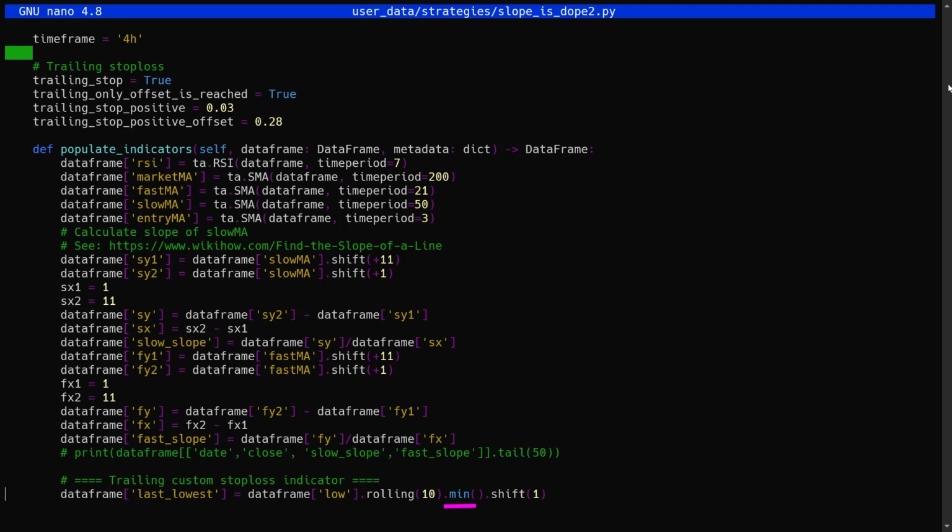And then the lowest low is determined by the min function, and this value will be used as the minimum value the close price of the current candle should cross and then trigger a sell signal. So if the close price closes below this value, then there will be selling. And this shift function puts that value in the current row of the data frame, so that it can be used for comparison with the current close price. And therefore it acts also like the threshold for closing the position.